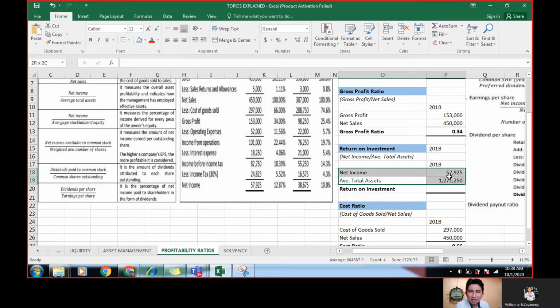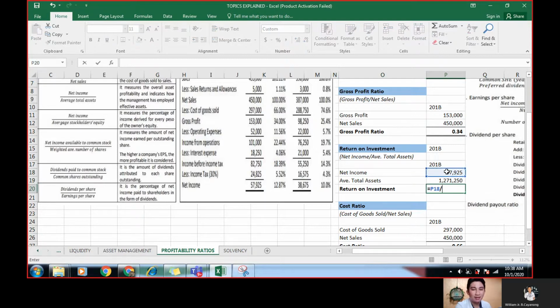Now, out from this, i-measure natin yung income through total assets. Out from the total assets na 1 million, ang bumalik lang sa atin upon using our asset is 57,000 na net income. So, ilan ang percentage niya? Divide lang natin, 1 million. So, zero pa din. Medyo i-adjust na natin ng konti. Okay.